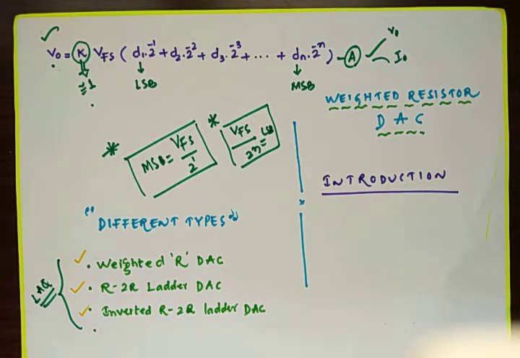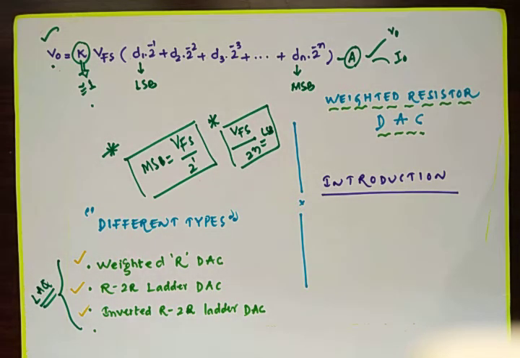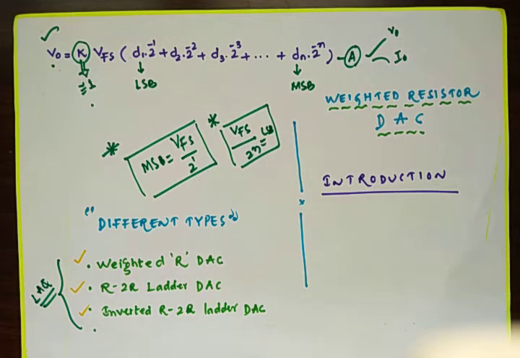So I request you all to put some additional interest in understanding the fourth unit, as it is the simplest and easiest unit among all the units of digital electronics and logic design. There are three digital to analog converters: the weighted resistor DAC, the R-2R ladder DAC, and the inverted R-2R ladder DAC. I am going to talk about the weighted resistor DAC.